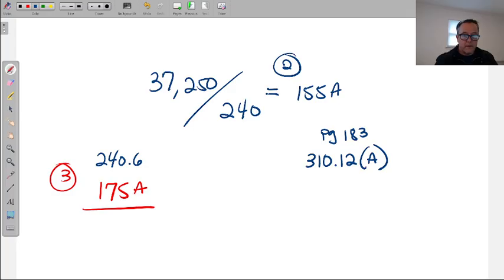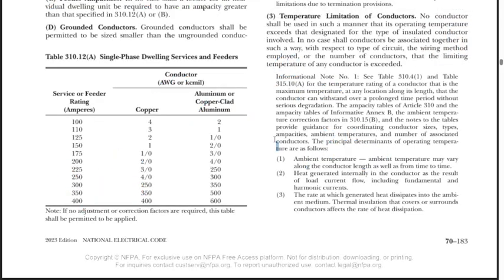But if you go over to 310.16, it tells us the conductor size that we are going to use for single family dwelling services and their feeders. Unless otherwise mentioned, of course, we go with copper. And then we go, all right, if my main service is 175, then I am going to use a 1/0.